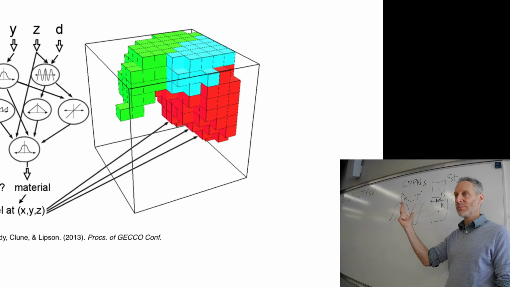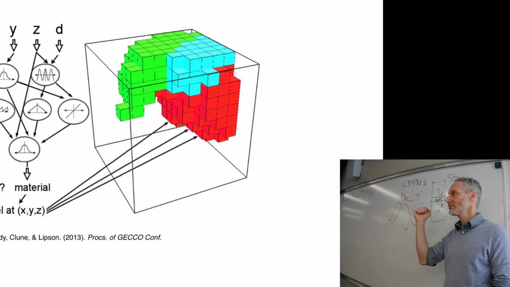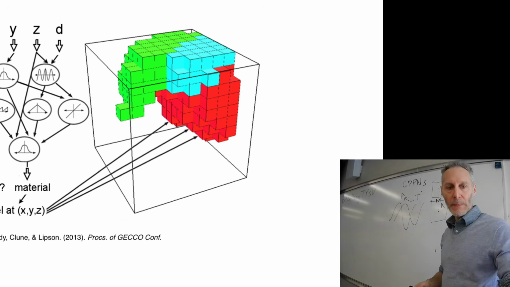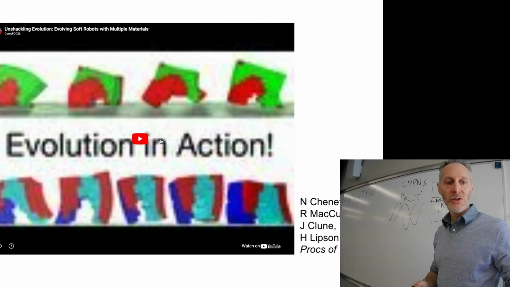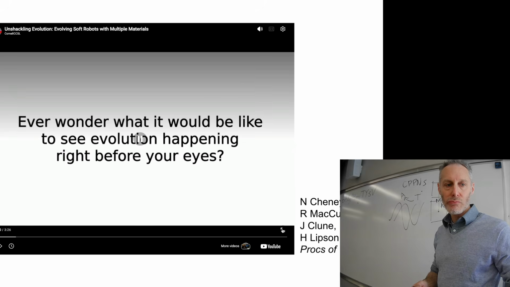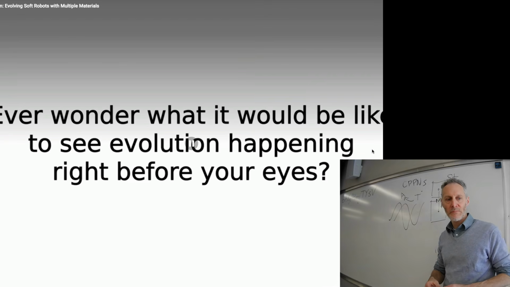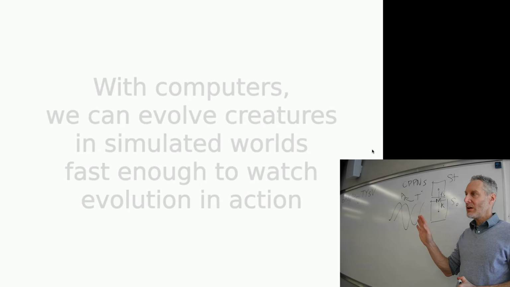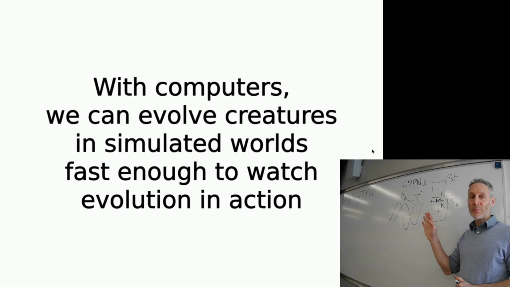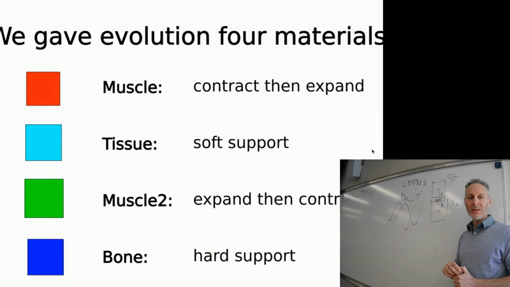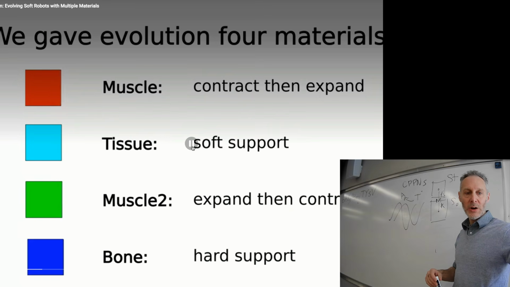Green, red, light blue, or dark blue. Okay. Let's watch evolution in action. This is a great summary video of this paper, in my opinion, because we're going to actually see evolutionary progress. Let me pause for a moment.